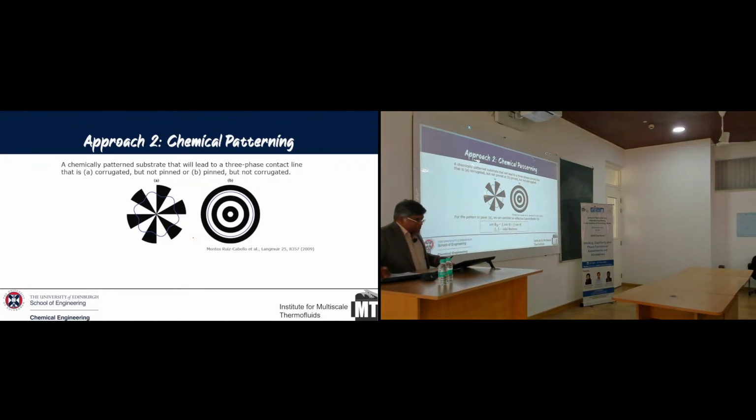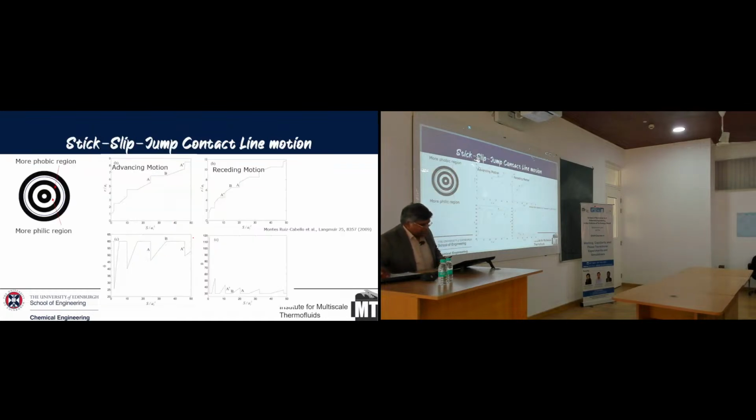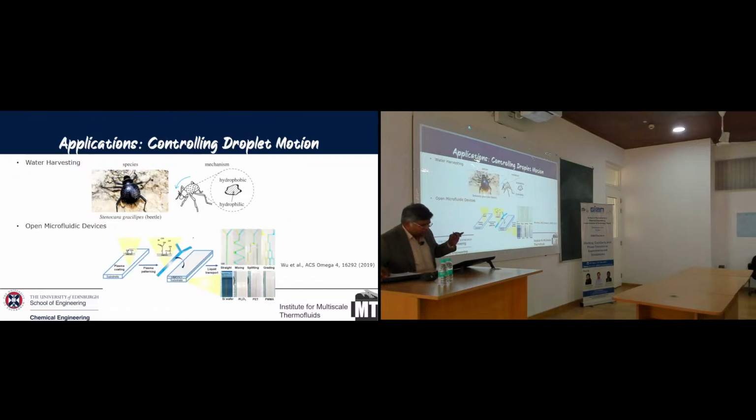If you look at this, one can estimate the so-called contact line conditions based on the fraction which is considered to be wetted in a certain pattern with a certain chemical patterning, and the other one, F2, is probably the white region. This is how you can look at the different states in which a droplet can sit on such surfaces.